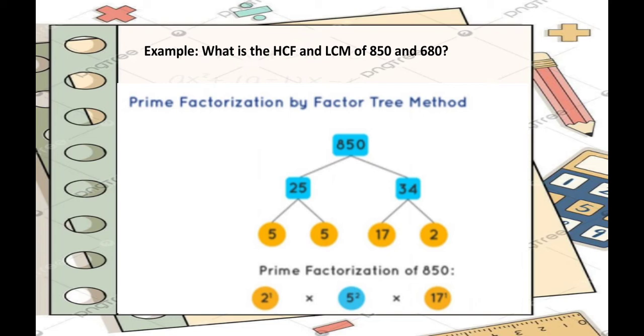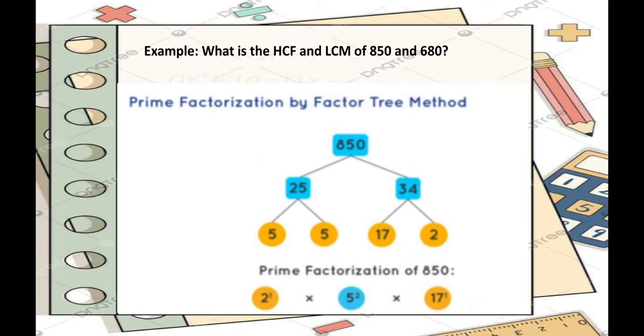So the prime factorization by the factor tree method. The first one is 850. We must find the factors of 850. So we have 85 and 10.